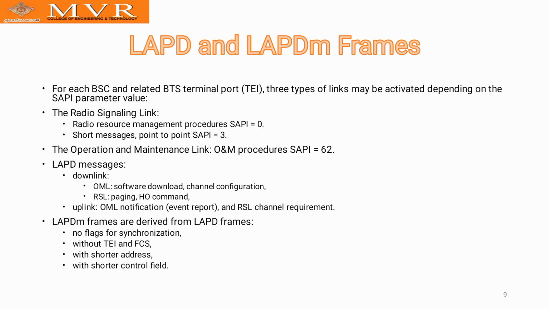Okay, here the radio signaling link carries the radio resource management procedures, SAPI 0, and the short message point to point is SAPI 3. Then the operations and maintenance procedure is SAPI 62. The LAPD messages in the downlink include OML, which means operation and maintenance link.